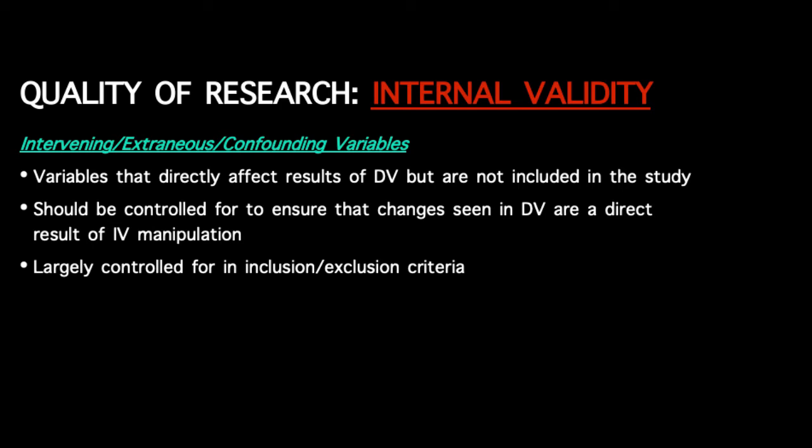So maybe we say, don't do leg day at least 24 hours before you come in, because if we're measuring the quad and they do maximal exercises or maximal power lifts the day before, their leg obviously is going to be shot, or that muscle is going to be shot, and it's going to be tired, therefore it will fatigue faster. Okay, so that's an example of an extraneous variable. And usually they should be controlled within your inclusion and exclusion criteria to make sure that those specific things aren't affecting the measurements of the dependent variable.